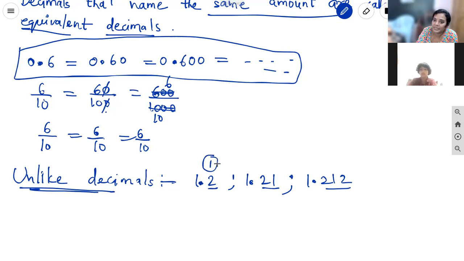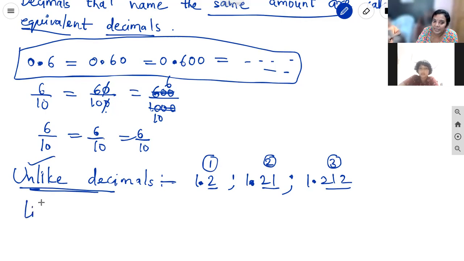In 1.21, two digits are after the decimal point. In 1.212, three digits are after the decimal point. Just concentrate on the numbers 1, 2, 3. These are different. Such decimals are called unlike decimals.